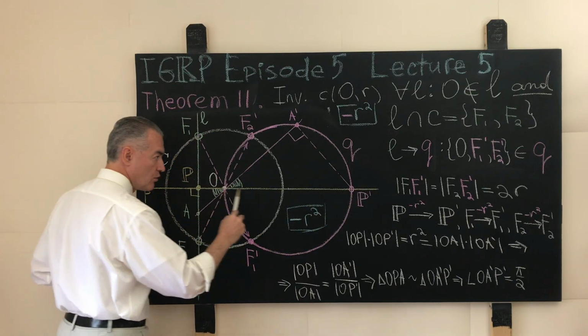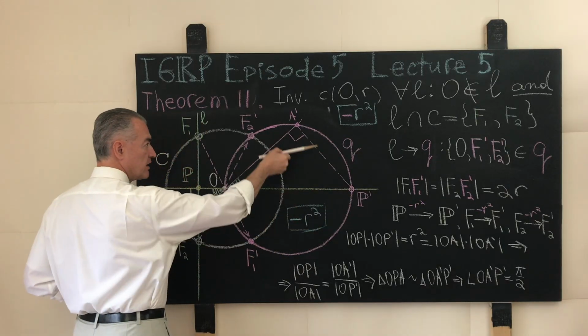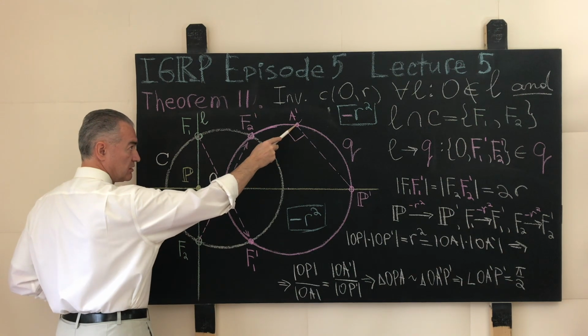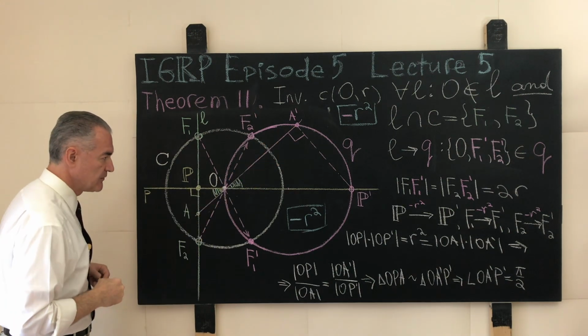It will be OP prime. That will have to lie opposite the right angle at the vertex A prime.